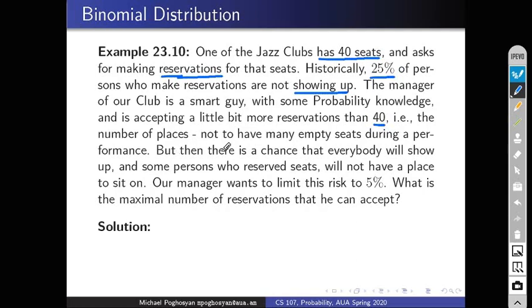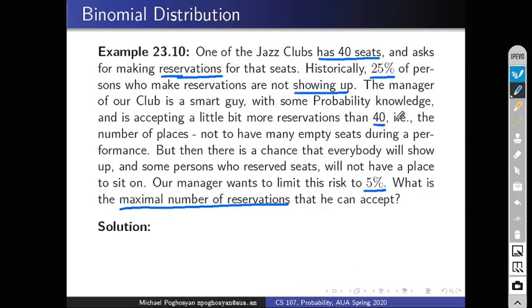But then there is a chance that everybody will show up, and some persons will not have a place to sit. So our manager wants to limit this risk, the probability of having more than 40 persons, to 5%. He wants the probability that someone will be standing to be less than 5%. So what is the maximum number of reservations that he can accept?